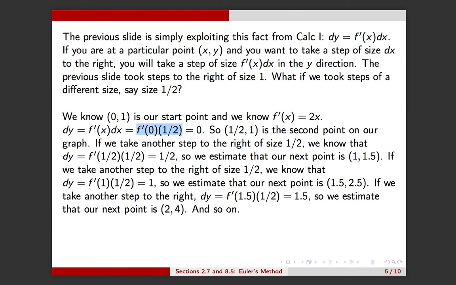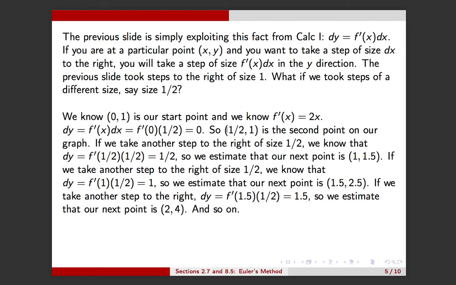So this quantity here is 0 times a half. If you're at 0, 1, and you move to the right by a half, how much do you go up or down? What's the change in y? The answer is no change in y. This should not surprise us because we're along that y equals 1 horizontal tangent line that we were on before.